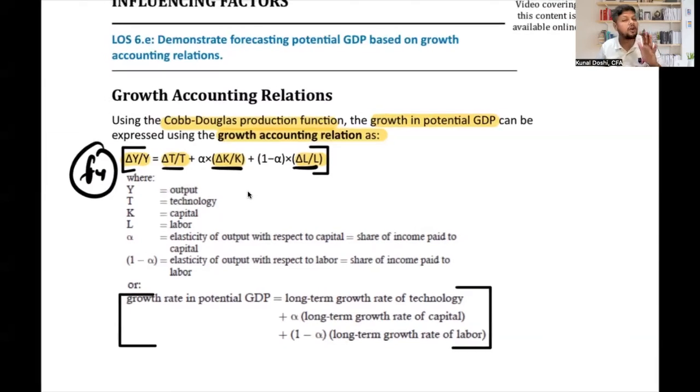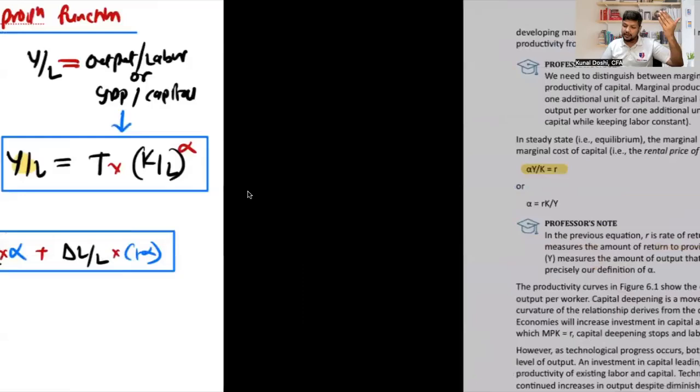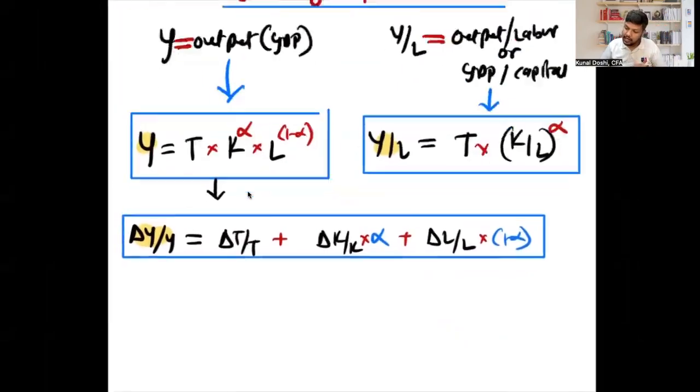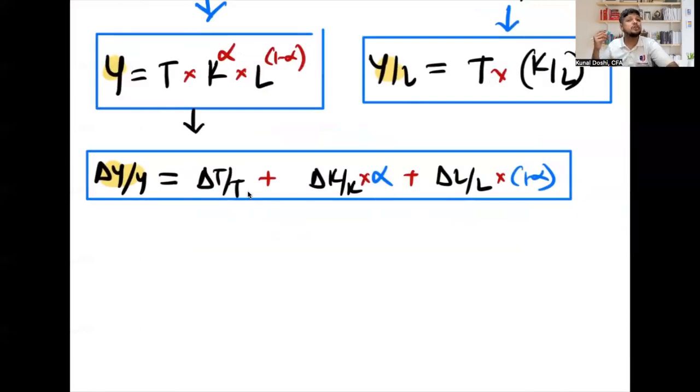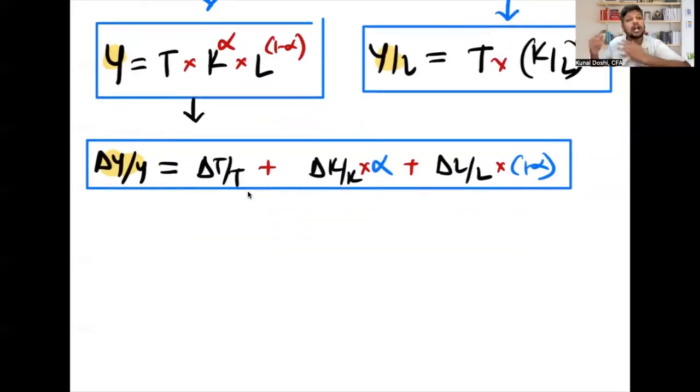So it's the same formula, but expressed in terms of change. Change means growth. Are you getting my point? Right? Expressed in terms of growth. So this is expressed in terms of growth accounting. Expressed in form of change is also called growth accounting relation.